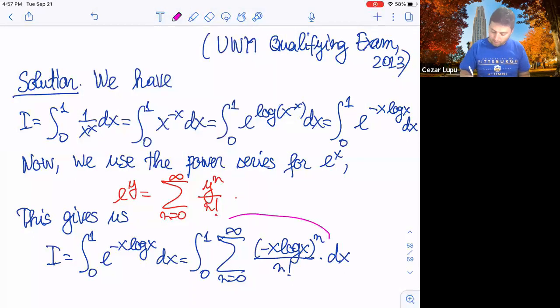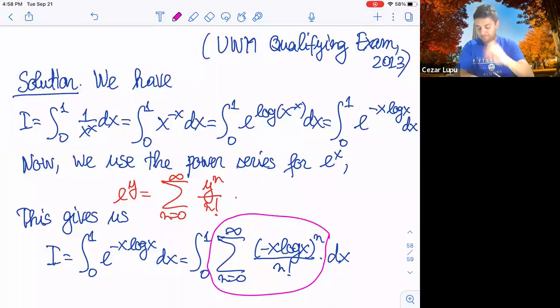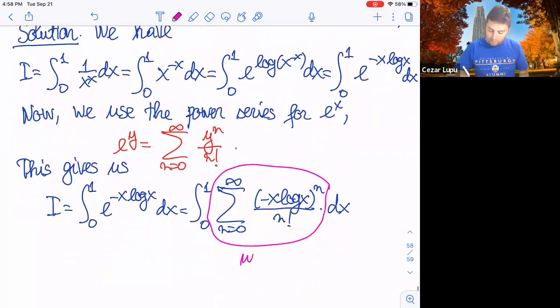If you look at it, of course, our main goal is to swap this with the integral so that we can integrate. All right, but first we need to make sure that this series is uniformly convergent. It is, indeed it is. Why is that? Well, we do have the Weierstrass test.